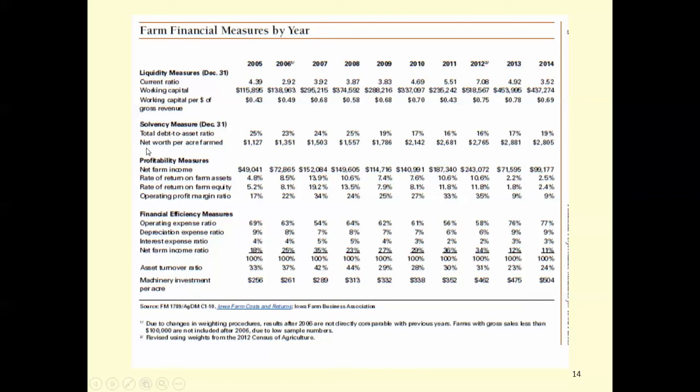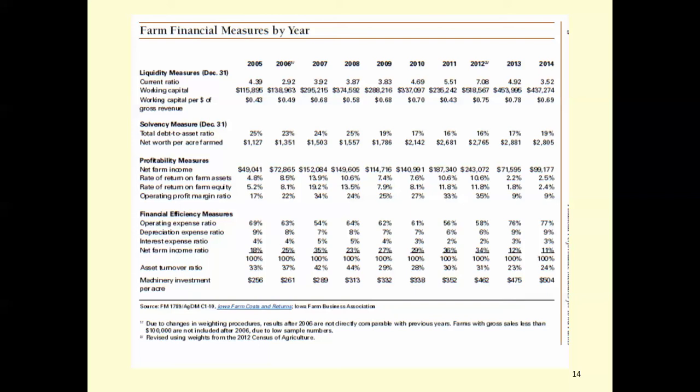Another interesting figure is the net worth per acre farmed. That does not say per acre owned, it's per acre farmed. The average net worth of the farms involved in the Iowa Farm Business Association in 2014 was $2,805 of net worth per acre farmed.